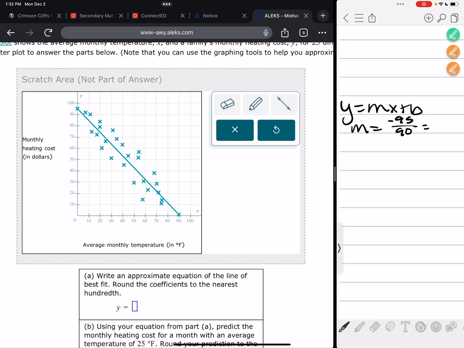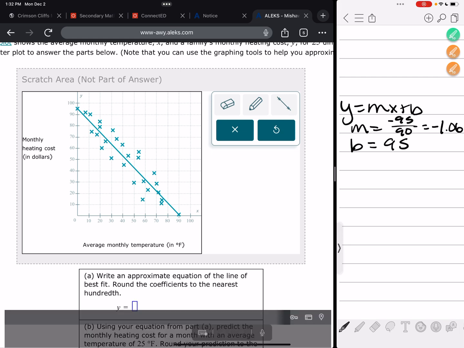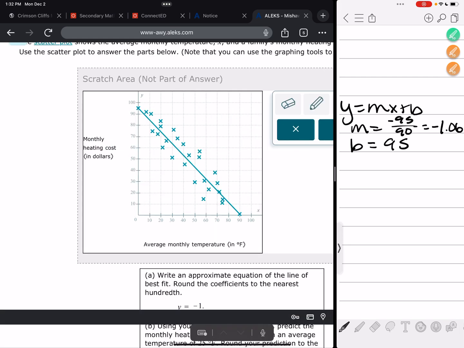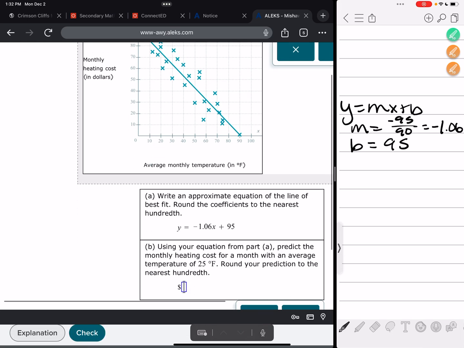It does not want a fraction, it wants a decimal, so I'm going to go negative 1.06. Then my y-intercept, which I picked to be 95, so when I write out my equation, I go negative 1.06x plus 95.